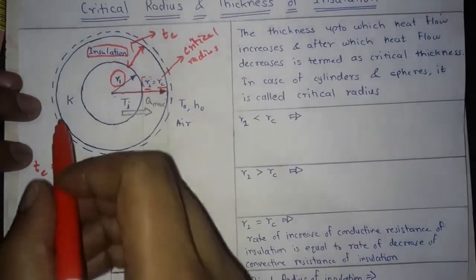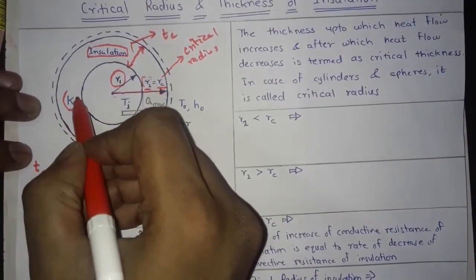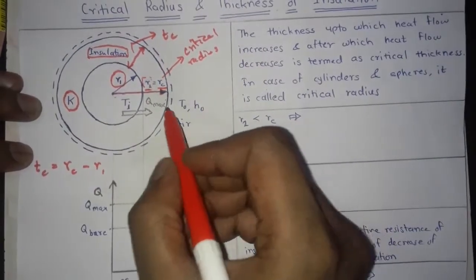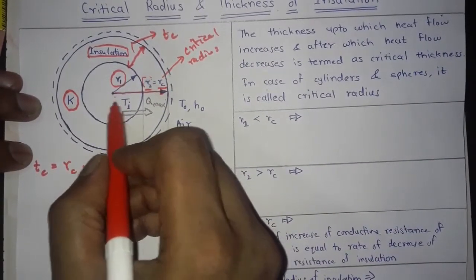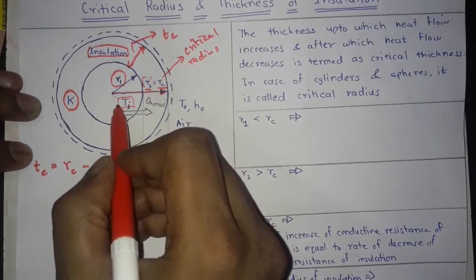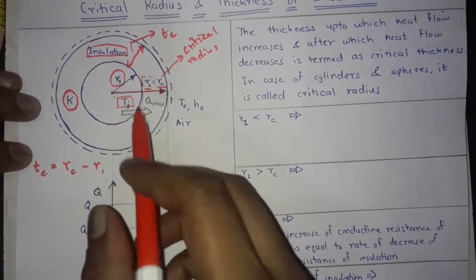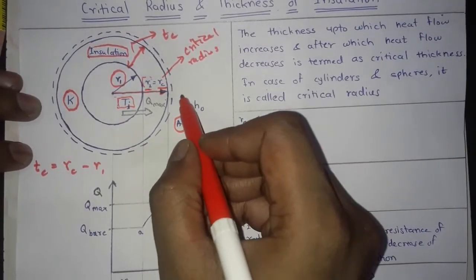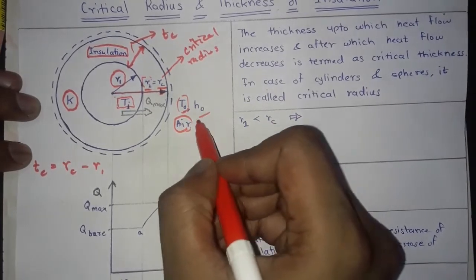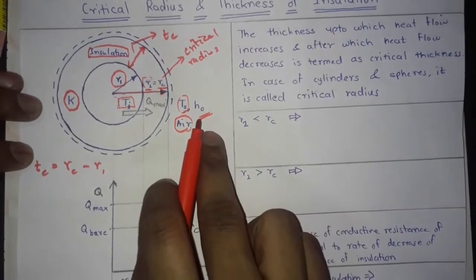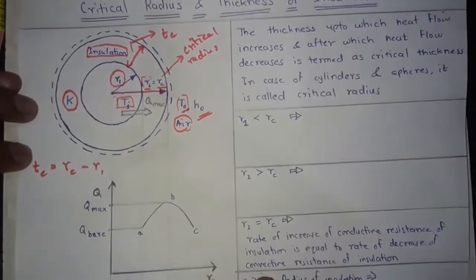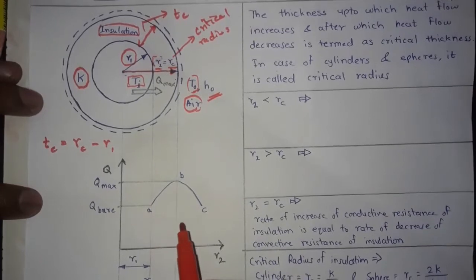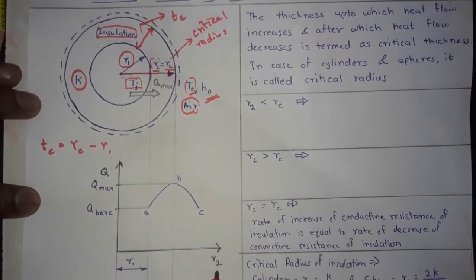And here this is the thermal conductivity K of this insulating material, and this is Ti, the inner temperature of this cylindrical shape, and this is air which has To temperature, and Ho is the convective heat transfer coefficient here.